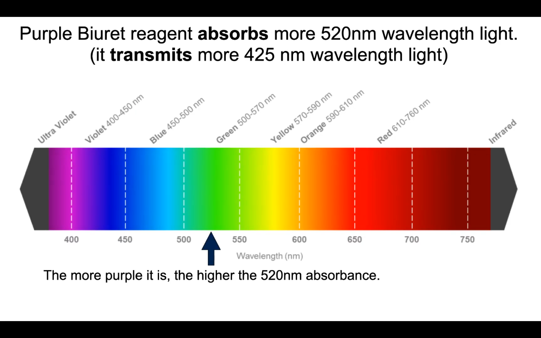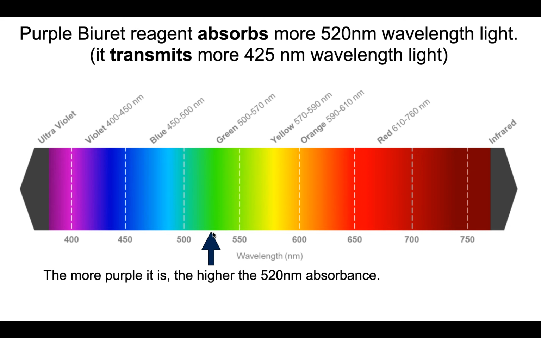It turns out that when the Biuret reagent turns purple, it starts to absorb more light at 520 nanometers. Notice it absorbs at 520, which is in the green spectrum, but it's purple.